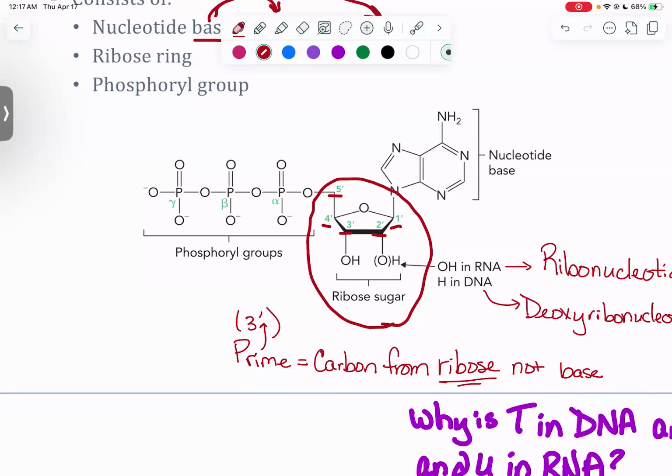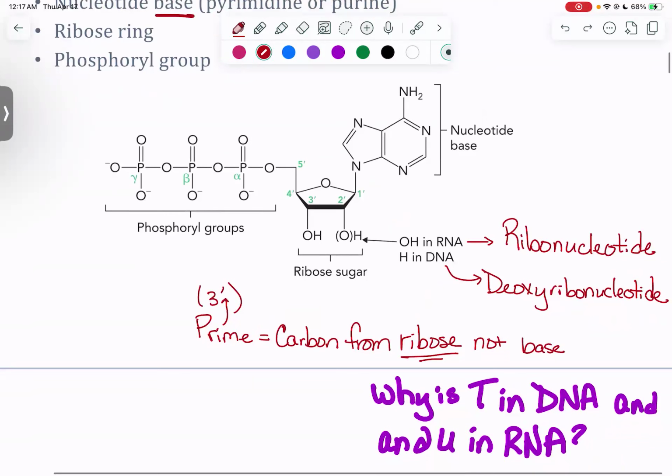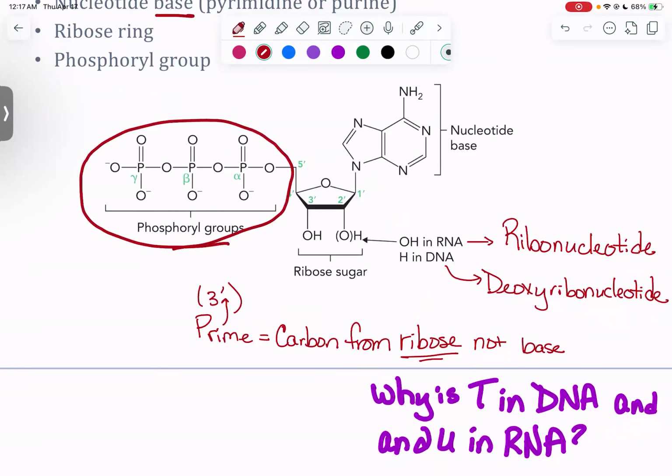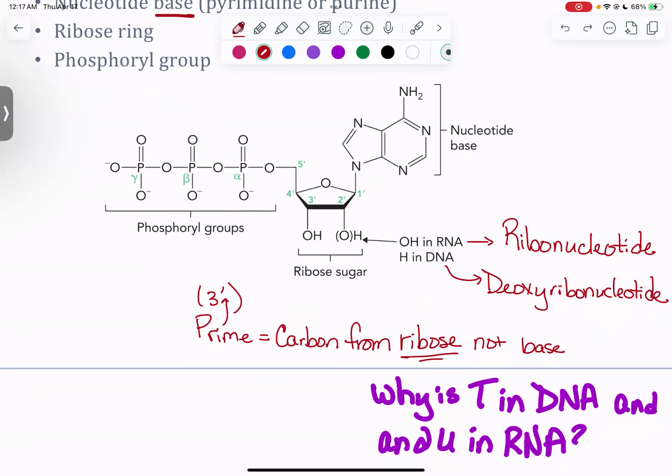Don't forget from Biochem 1 that we name them primes because they're the carbons from the ribose, not from the base. The carbons from the sugar have the primes, the carbons from the base have no primes. Then you have some number of phosphate groups, or phosphoryl groups, attached to the sugar.